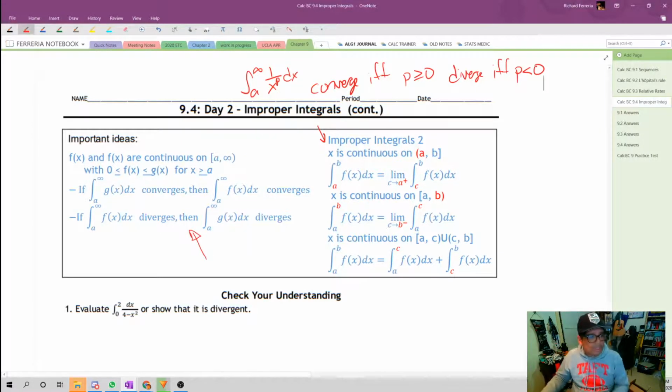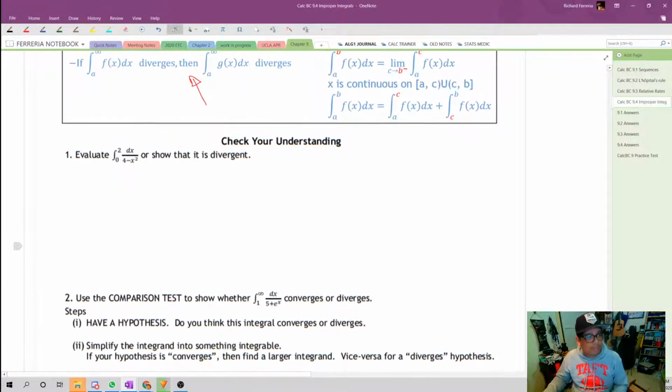Let's get to the questions, check your understanding. Number 1. Show that this is a diverging function, or evaluate or show this is diverging. Now, where do we have problems with this integral? It looks like if I substitute 2, I'm going to have problems here.